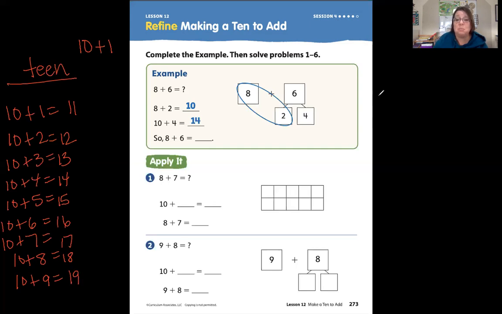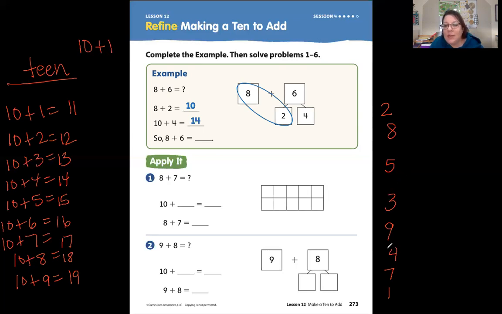Now let's practice making 10, right? I'm going to write numbers to 10. Let's say I'm going to start with 8, and then I'm going to do 5, and then 3, and then 9, and then 4, and then 7, and I'm going to do 1, and I'm going to do 2 up here, and let's see, 3.